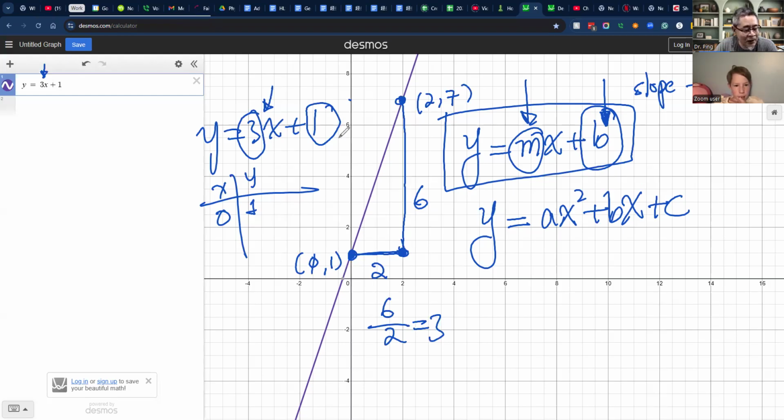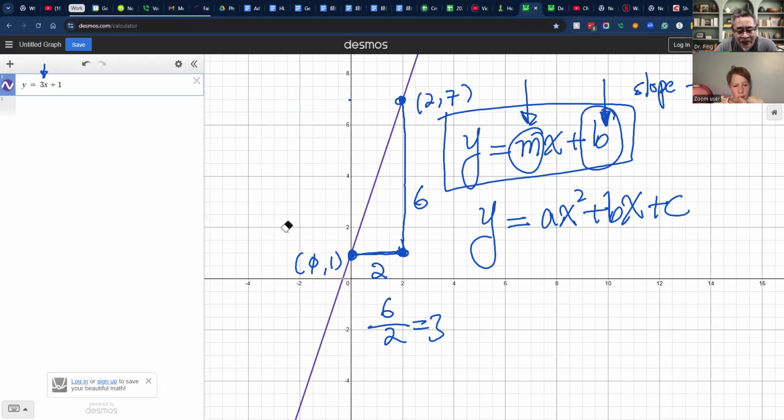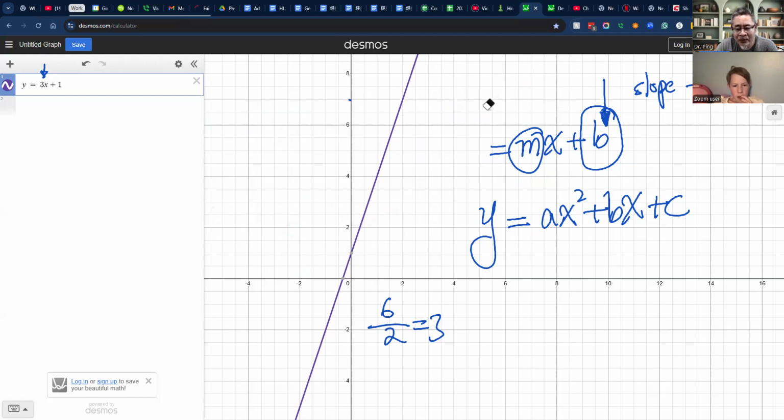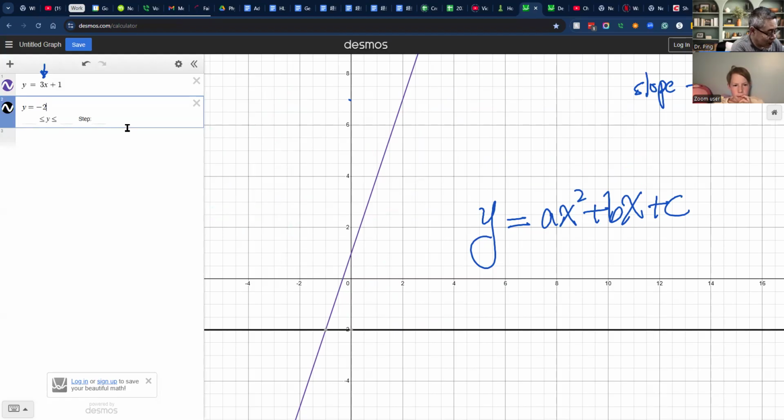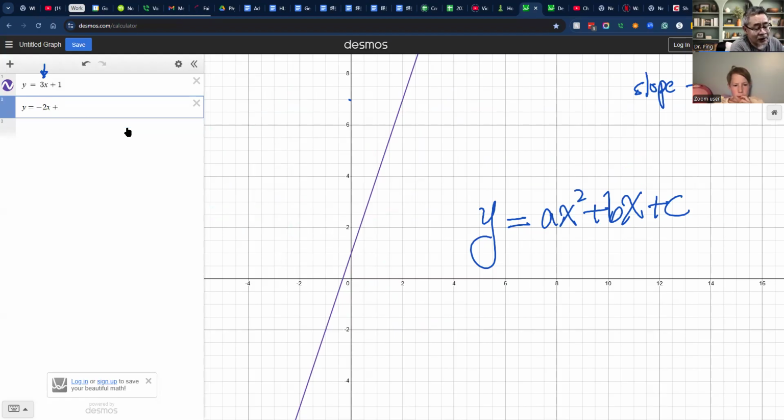And of course, the slope could be positive, could be negative. Now, this is a positive slope. That means it's going up. But we could have a negative slope. For example, we have the function y equals negative 2x plus, say, minus 2.